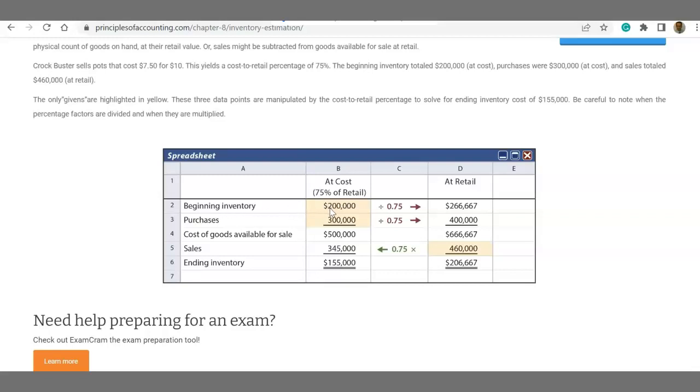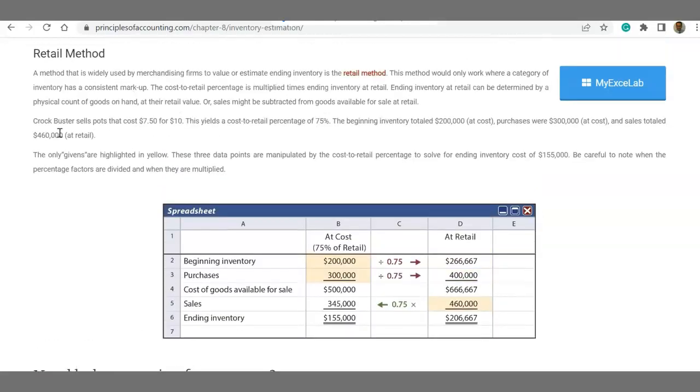So beginning inventory is, let's say, 200,000 from last year, and that will end up being 266,667 at retail, because you know that your cost is 75% of the retail value that you are selling at on average.